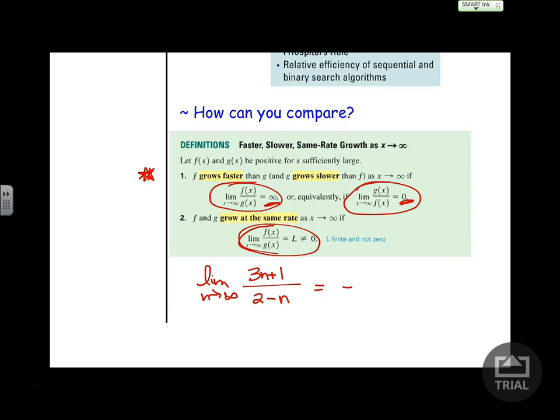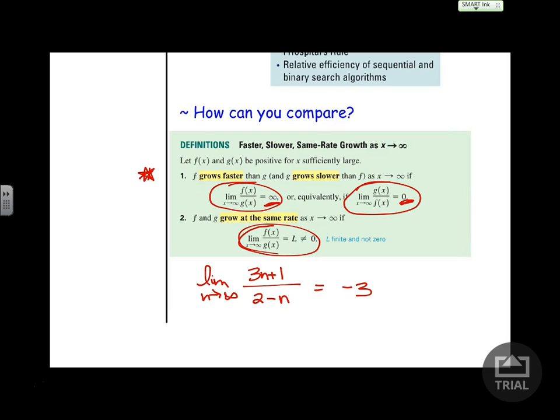Negative 3. How are they growing? The same. But the limit's negative 3. Yeah, but they have the same magnitude. We can say they have the same end behavior in some senses. They have the same degree.